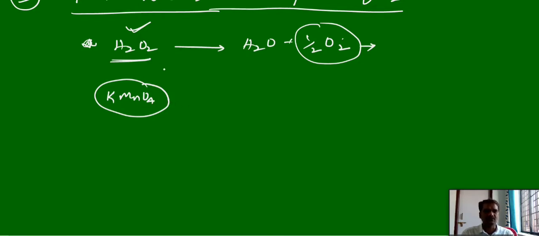After some time the H2O2 concentration decreases, so the amount of KMnO4 required also decreases. So the amount of KMnO4 consumed can monitor the concentration of H2O2 left at particular time intervals. Okay, two cases: with respect to the amount of oxygen produced, and with respect to the titration reactions.